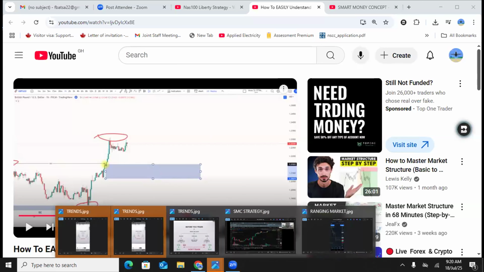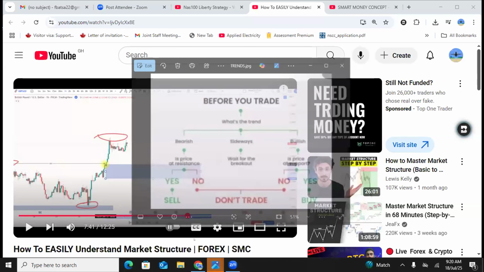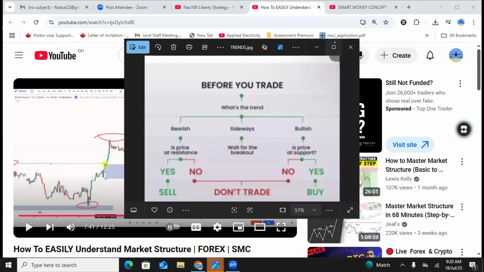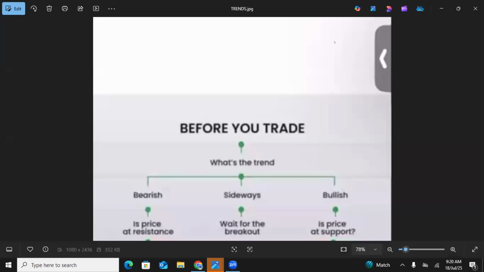Today we want to talk a little about market structure. The first thing I want us to look at is this: before you trade, you must know the trend. Where is the trend going? We have the bearish or downtrend, where price is at a resistance level, and I'll explain.